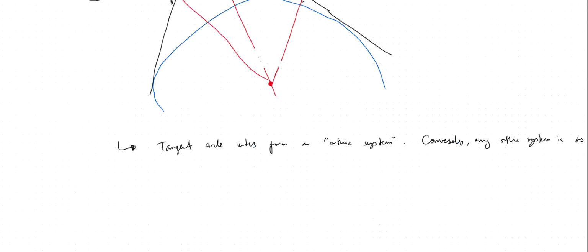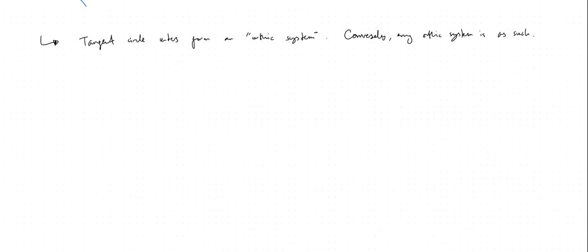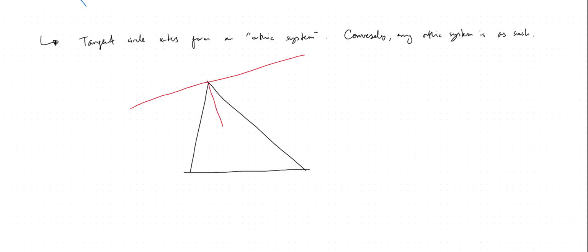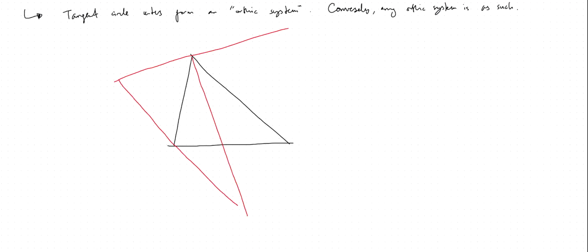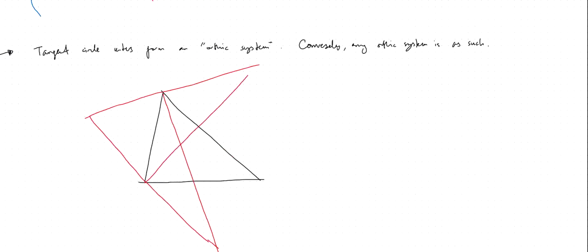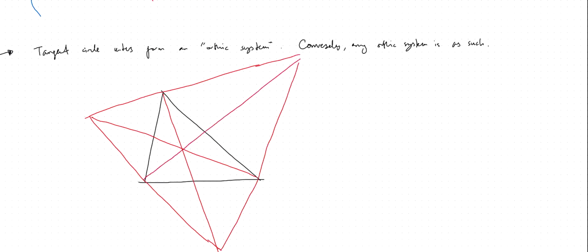And this is an obvious statement. These are the angle bisectors. This is because the external bisector and internal bisector are orthogonal to each other.